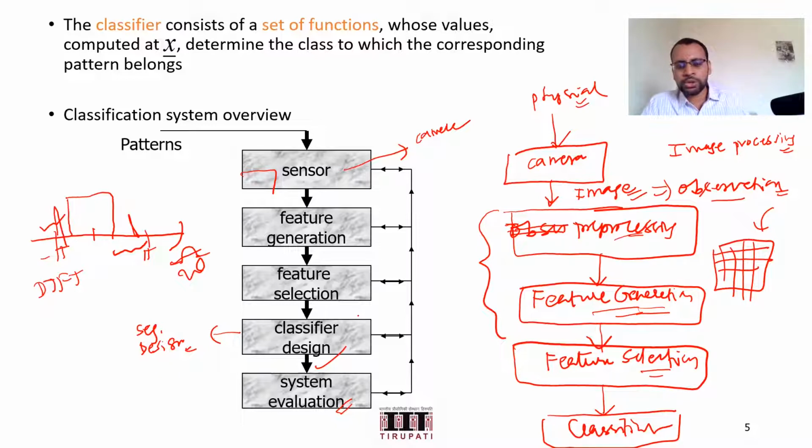Then you may tune any of these modules using the output of this evaluation. You modify any of these modules, look at the output, and if it improved, you keep it, or if you expect it to be further improved, you fine tune it further. You could do it in any of these sections.